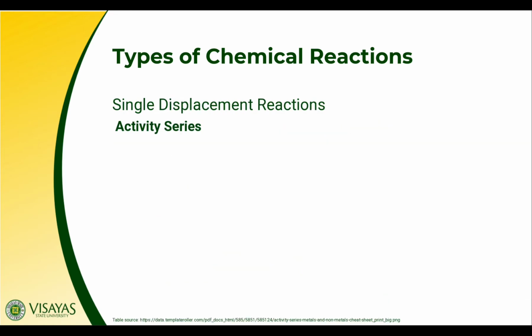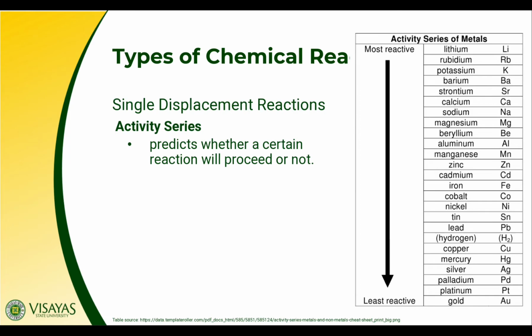Now, single displacement reactions follow the so-called activity series, okay? So for a single displacement reaction to occur, we have to follow this activity series. We have the activity series of metals. How do we interpret the series?